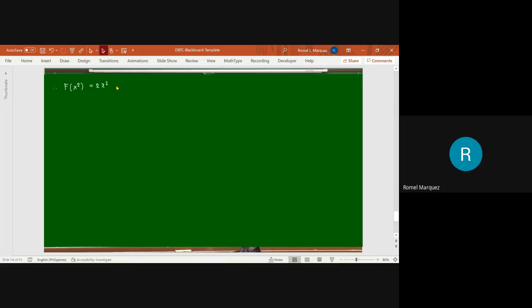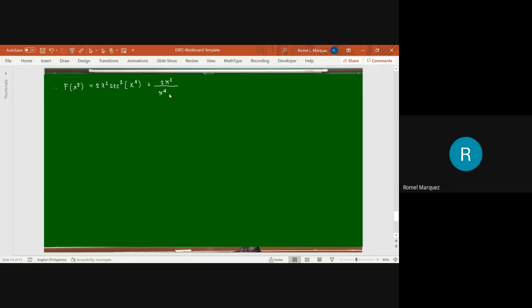X squared, all over x squared. So when we square the x squared, that is x to the fourth, plus 1. Okay, guys? So that is capital F of x, the function that we are looking for. Any question, guys? Guys?